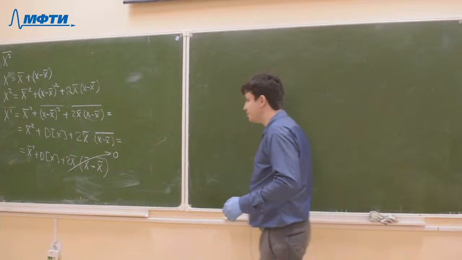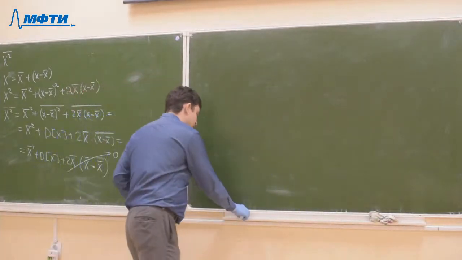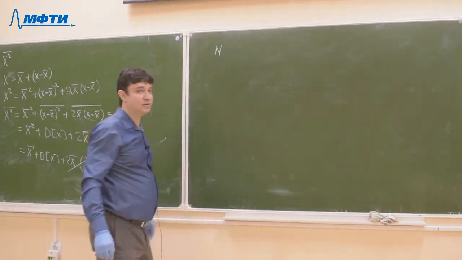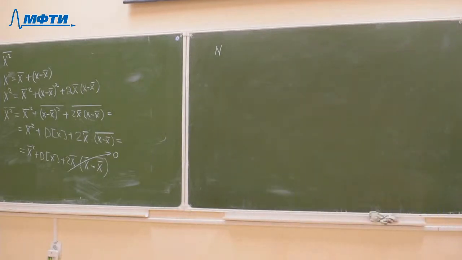In thermodynamics, we study the behavior of many molecules. So let's say we have a huge number of molecules N, and if you remember, the order of the number of molecules can be given by the Avogadro number.